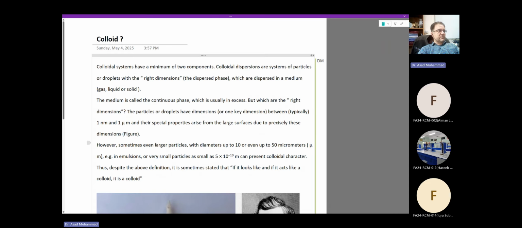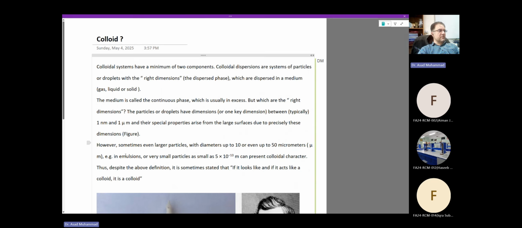However, sometimes even larger particles, where the dimensions are larger, that is up to 10 or even up to 50 micrometers, for example, in case of emulsions, or very small particles, for example, 5 × 10^-10, what does it mean? That we are looking at 5 angstrom, can present colloidal character.